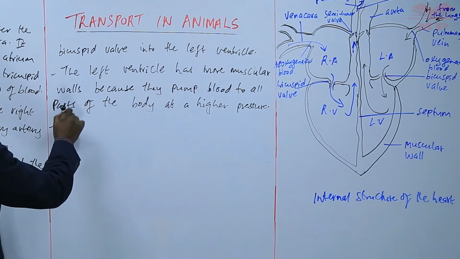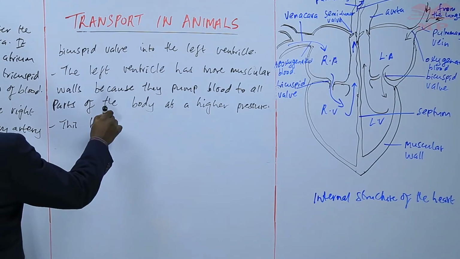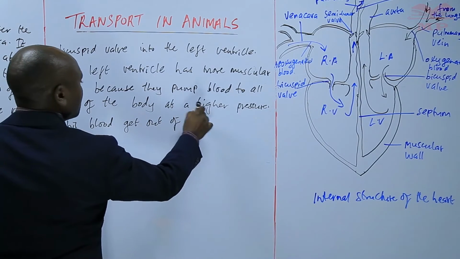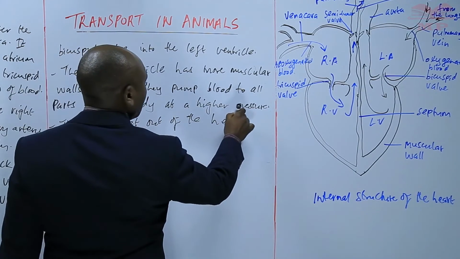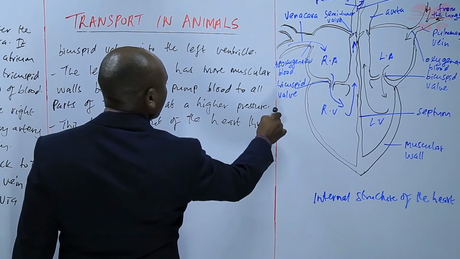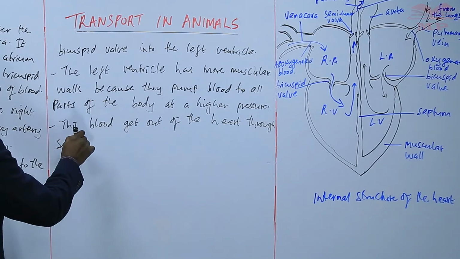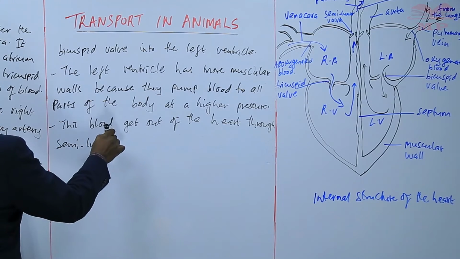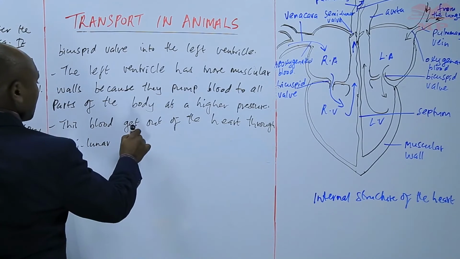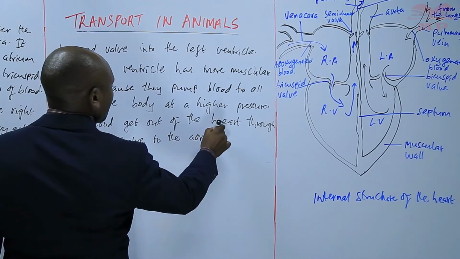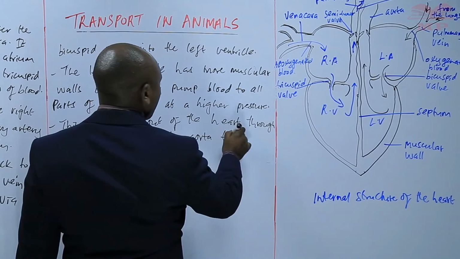So this blood gets out of the heart through the semilunar valves to the aorta and to the rest of the body.